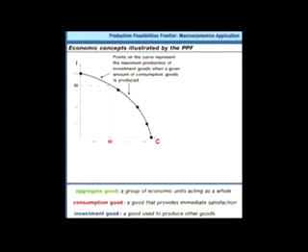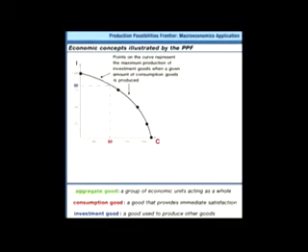Now, this production possibilities frontier tells us several things about economics. That is, we can see many of the basic concepts of economics in this picture. The first thing we can see is the reality of scarcity. That is, there are some combinations of investment and consumption that we'd like to have in our economy that simply aren't possible.